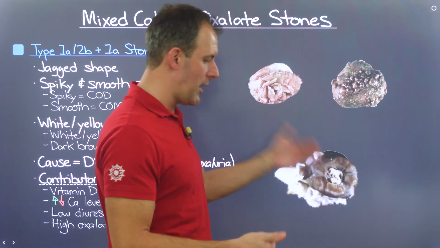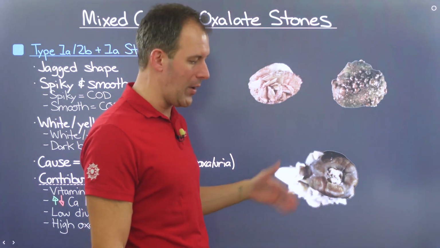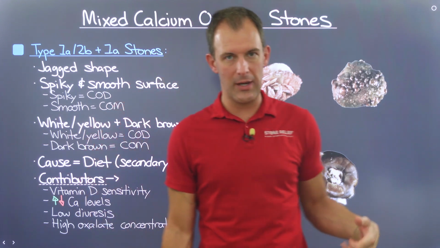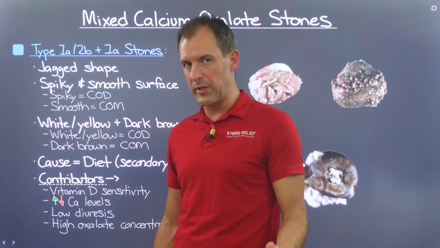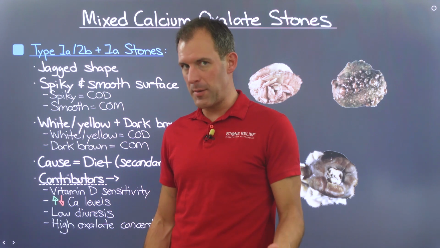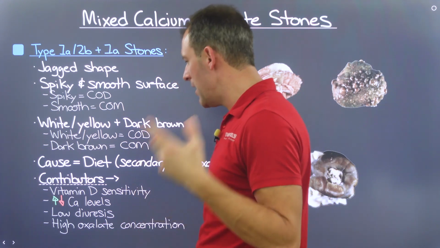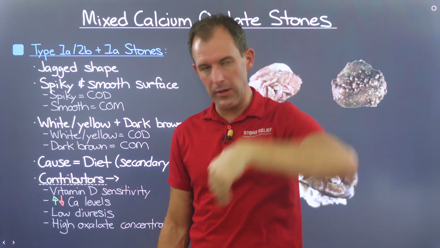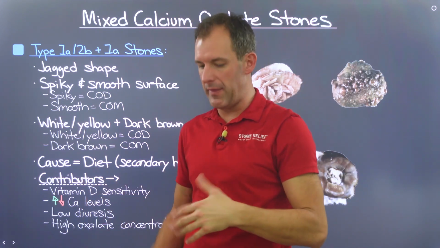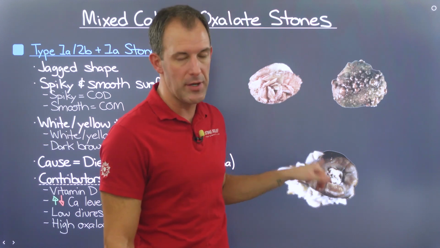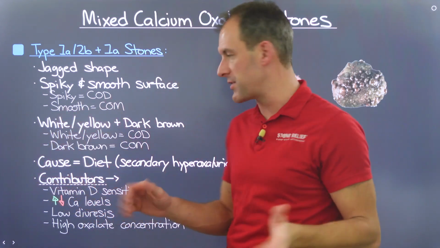And this is a telltale sign of this particular stone type: a vitamin D consumption that is out of balance with what you would normally consume through foods without supplementation and get from the environment, mostly coming from the sun. Just like the other ones, the varying degrees of calcium levels dictate that transition from monohydrate to dihydrate that's present with all these mixed stone types.